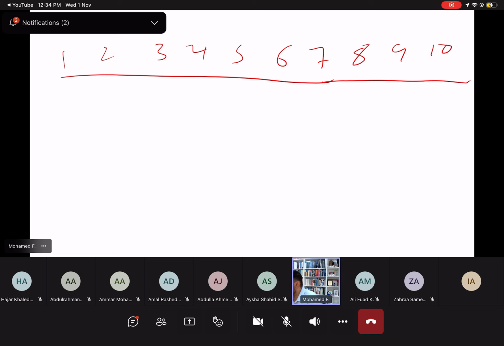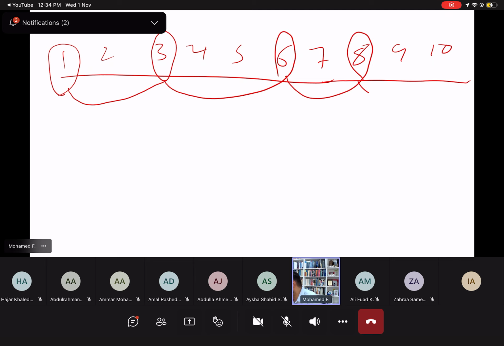And he said, I want you to give me the numbers between 1 and 10 with a spacing equal to 2. So you are going to start taking this one. You jump 2 points and you take this one. You jump 2 points, you take this one. So the output is going to be 1, 3, 6, sorry, 5. I'm sorry.